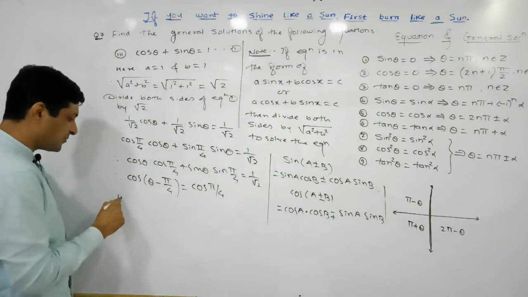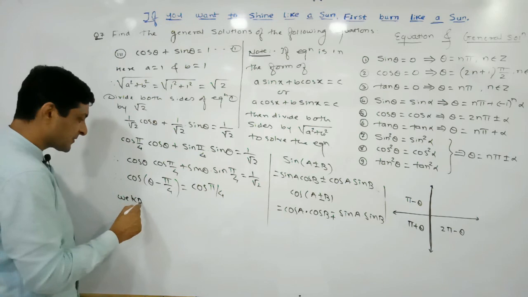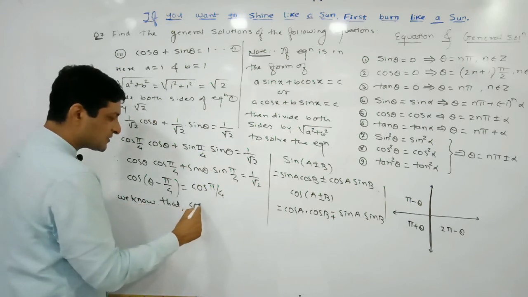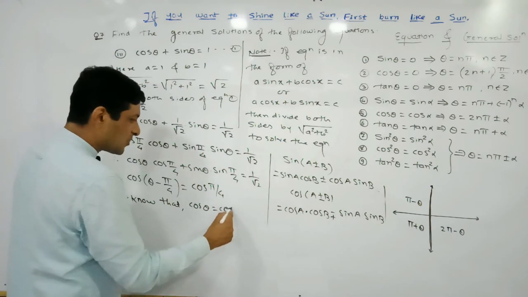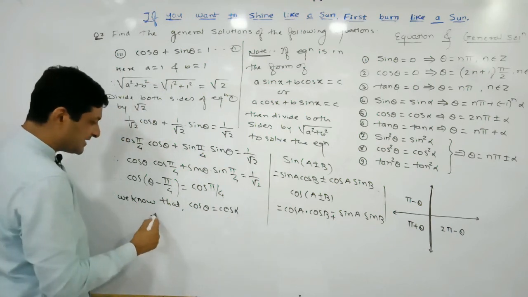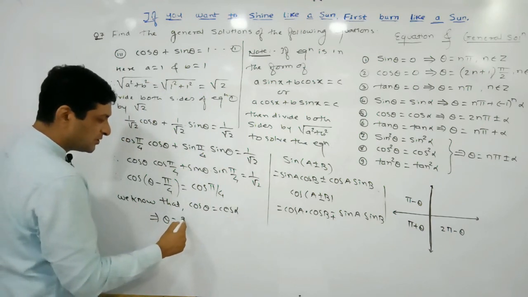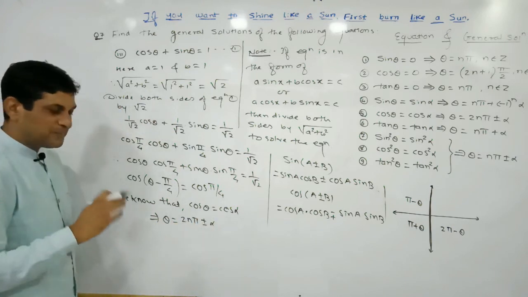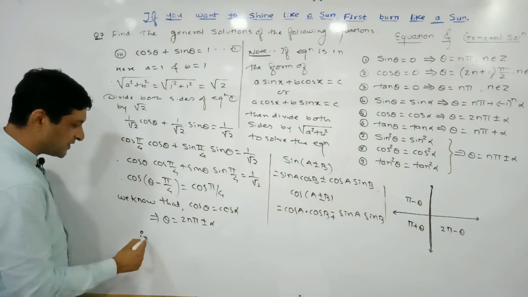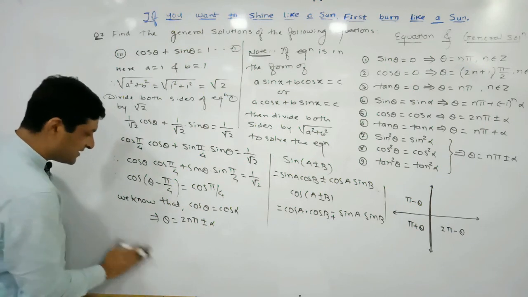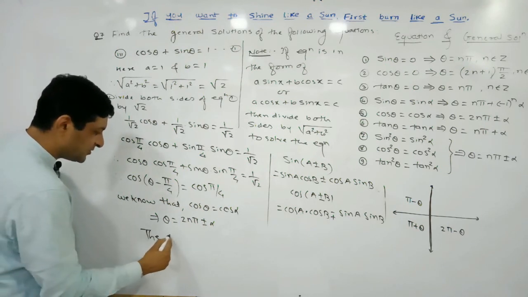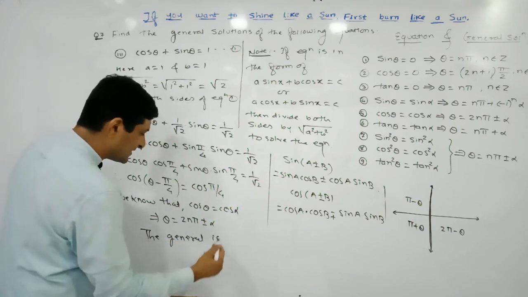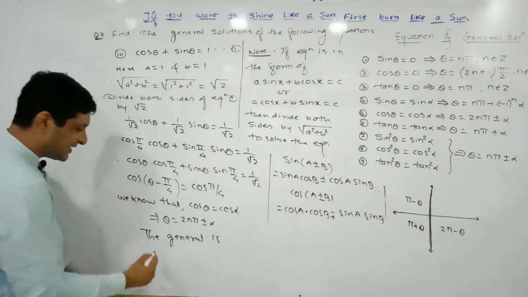So write down our formula. We know that, what is the formula? Cos theta is equal to cos alpha implies that theta is equal to 2n pi plus or minus alpha. Now the remaining part is just to substitute the values. Therefore the general solution is: theta, what is the value of theta here?